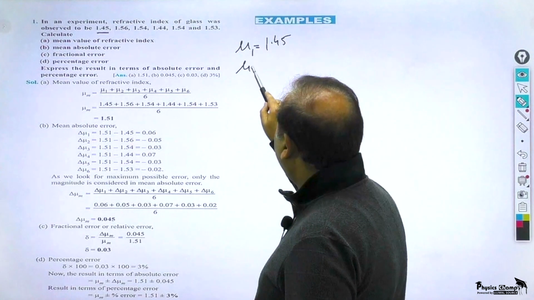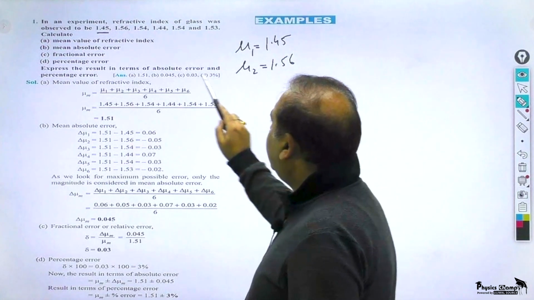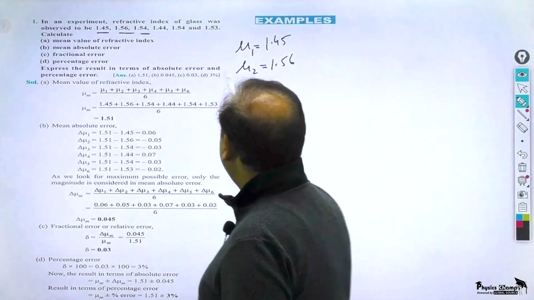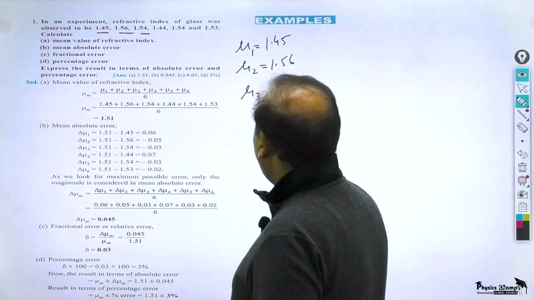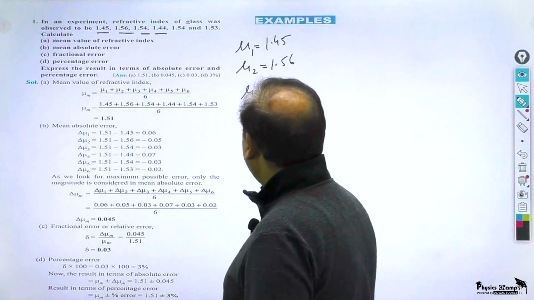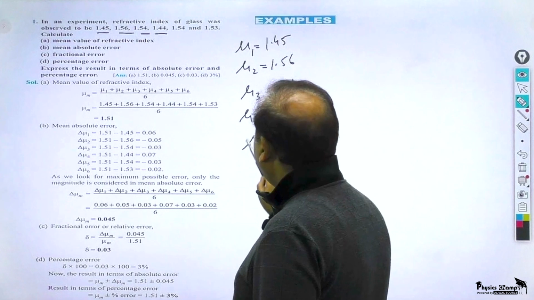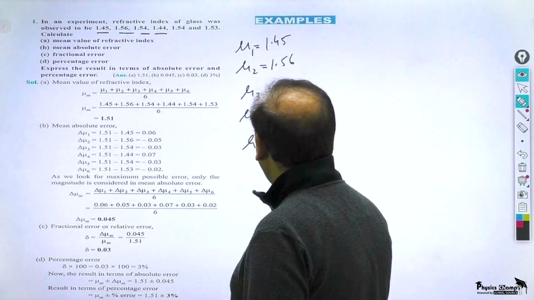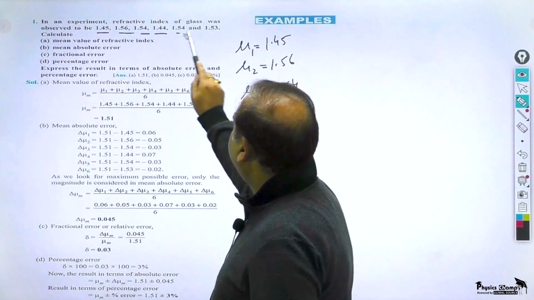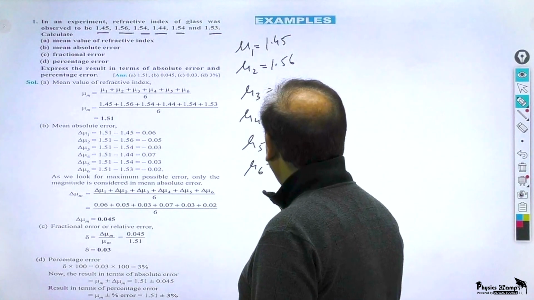Second reading of the refractive index is 1.56. Third reading is 1.54. Fourth reading is 1.44. Fifth reading is 1.54, and sixth reading is 1.53.